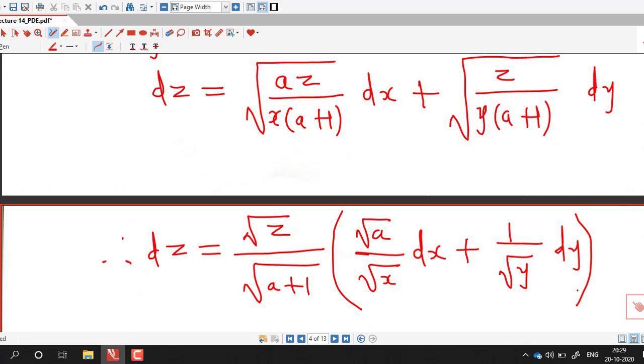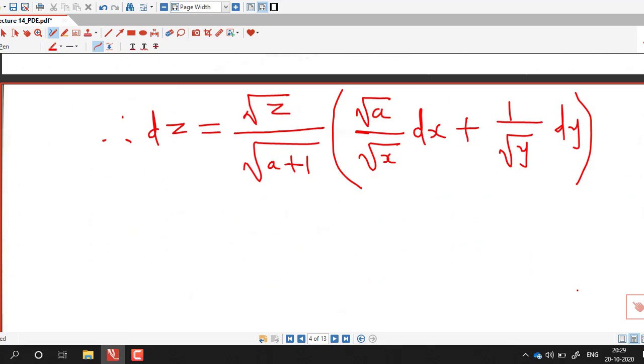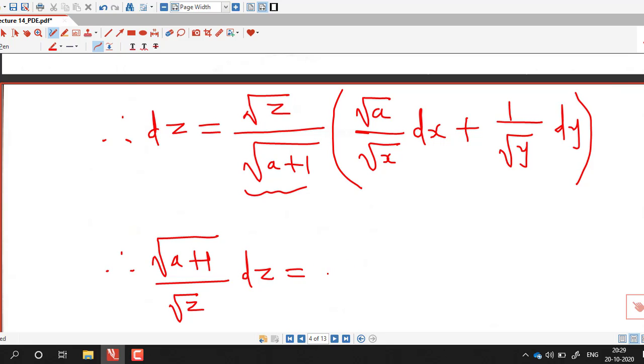Square root of z upon (a plus 1) is common, and this we transfer on left hand side with dz. So we have square root of (a plus 1) divided by square root of z dz, equals square root of a divided by square root of x dx, plus 1 divided by square root of y dy. Okay, we keep this as it is.